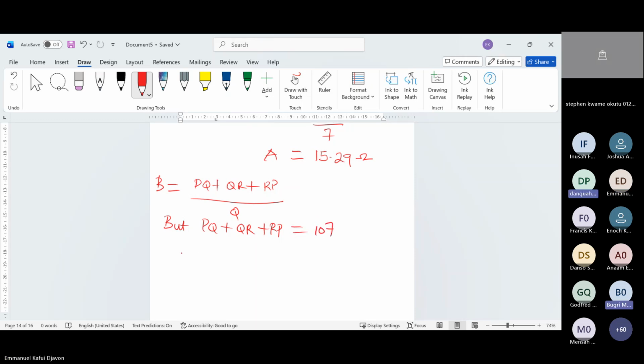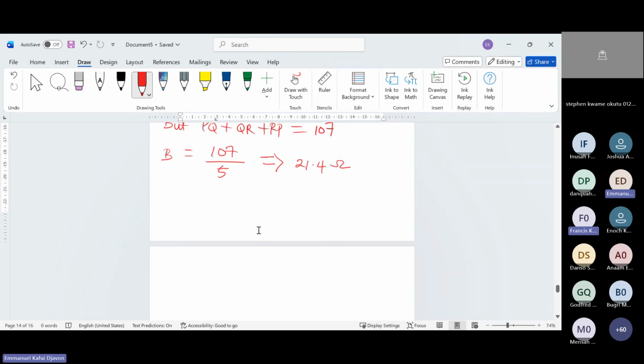Yes, sir. So B will be equal to 107 all over Q, which is 5. That will give us 21.4 ohms.